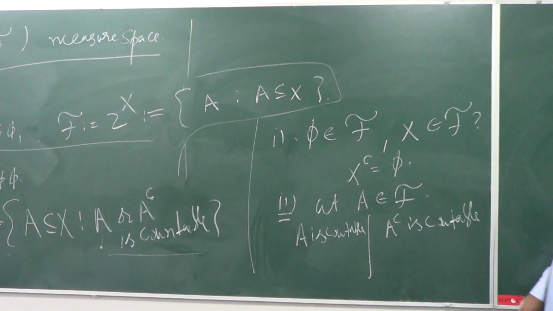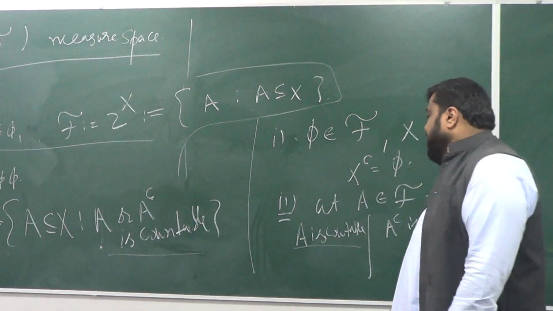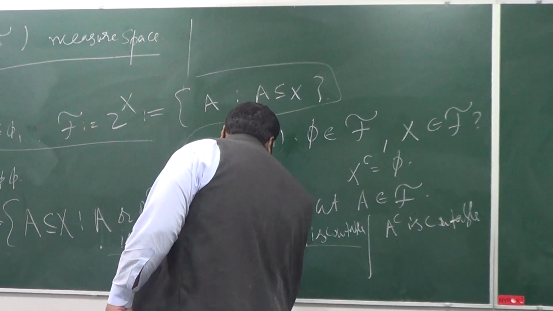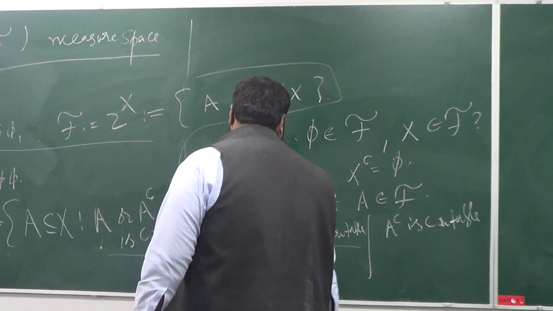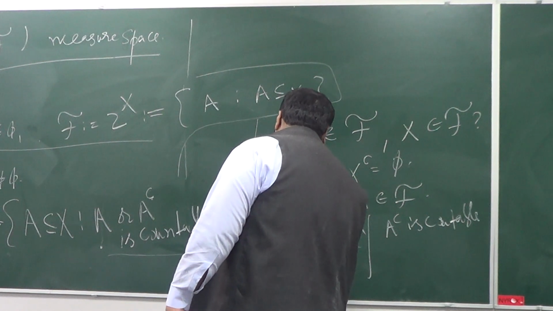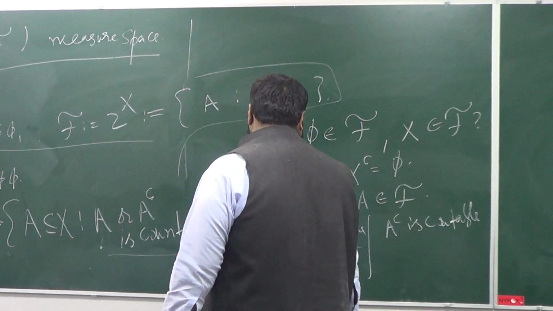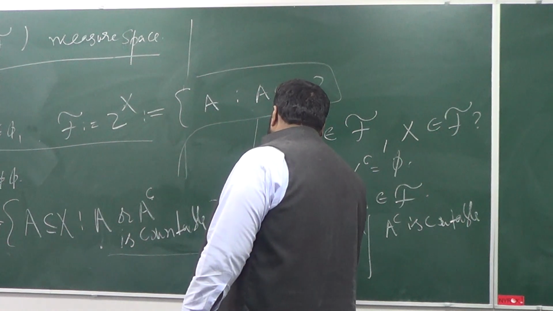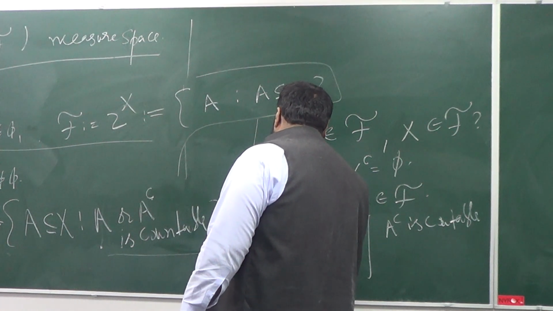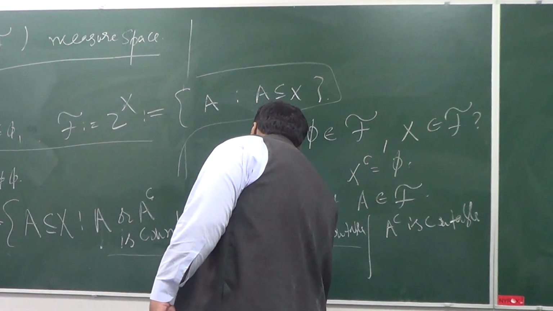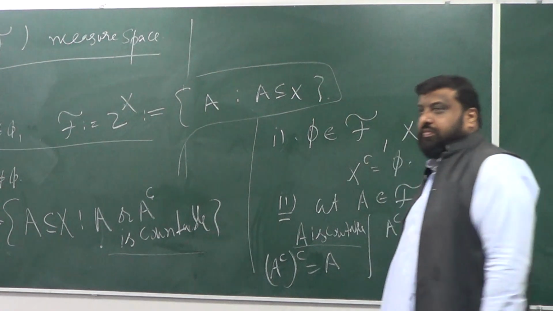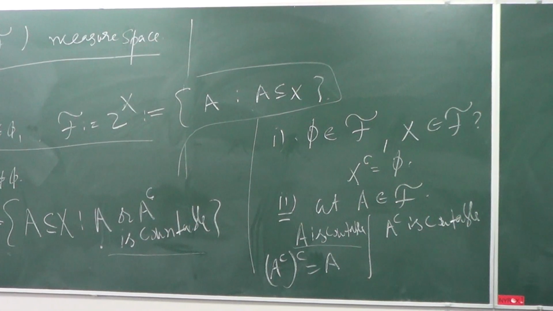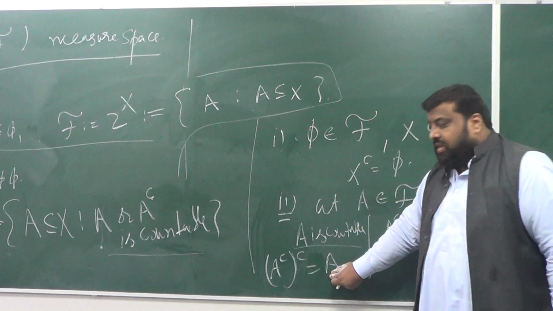Now, if A is countable, then I can write A complement, whose complement is A. Everything's complement is A, and A is countable.